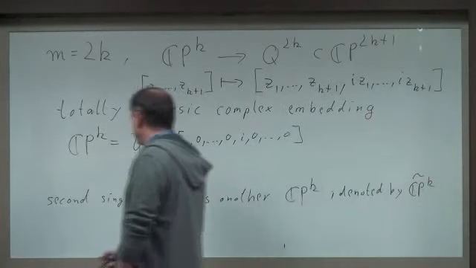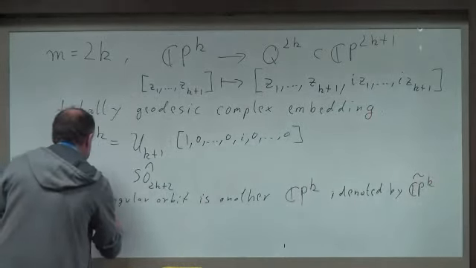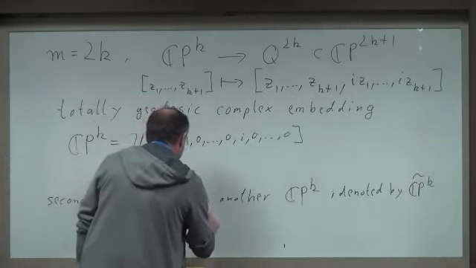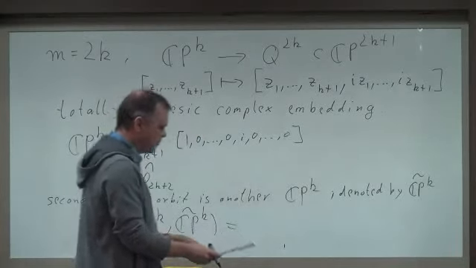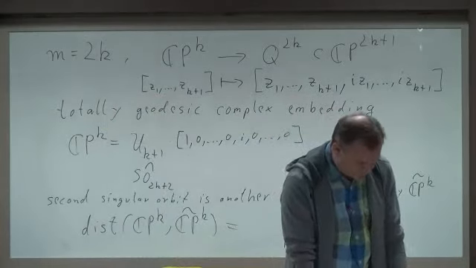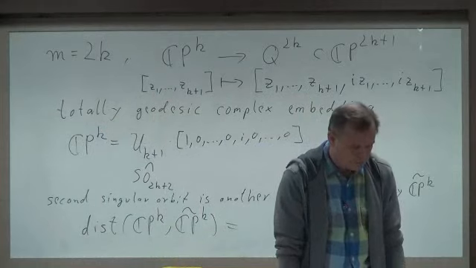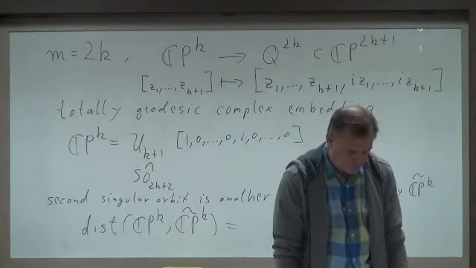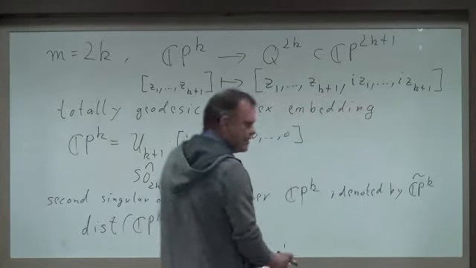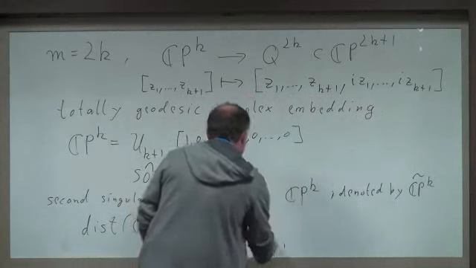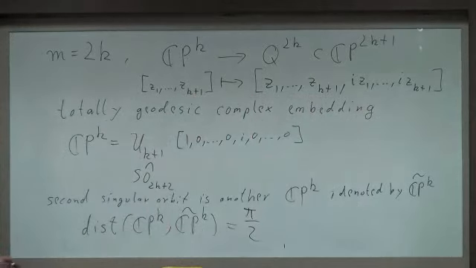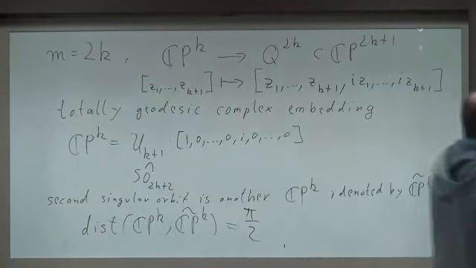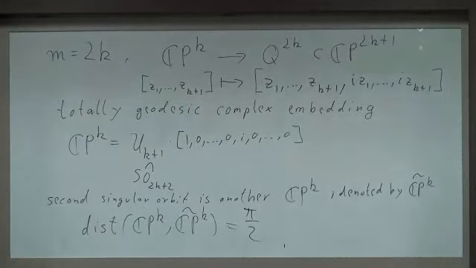It has the same dimension. And then one can work out the distance between these two complex projective spaces in the quadric. And what one gets is, yeah, that's easier, just pi over 2. Yeah. And then one can work out the principal curvatures.